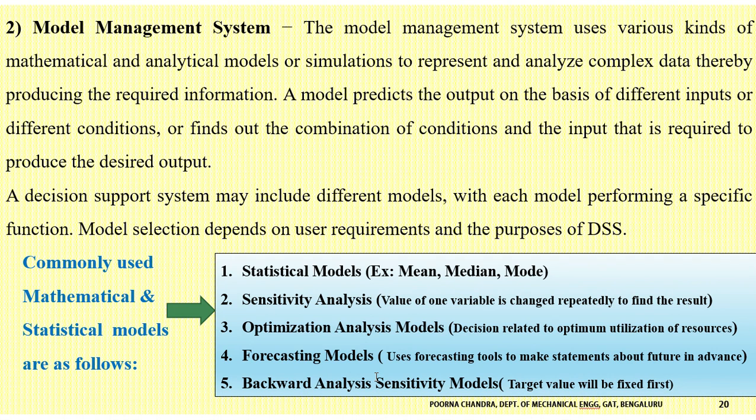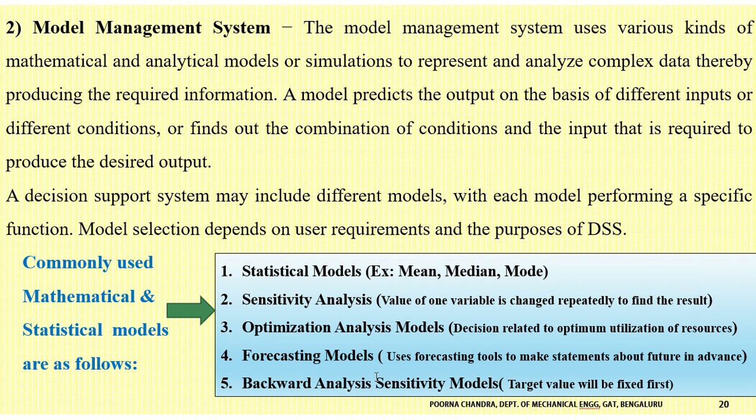Number two, sensitivity analysis. Models are used to provide answers to what-if situations occurring frequently in an organization. During the analysis, the value of one variable is changed repeatedly and the resulting changes in other variables are observed.